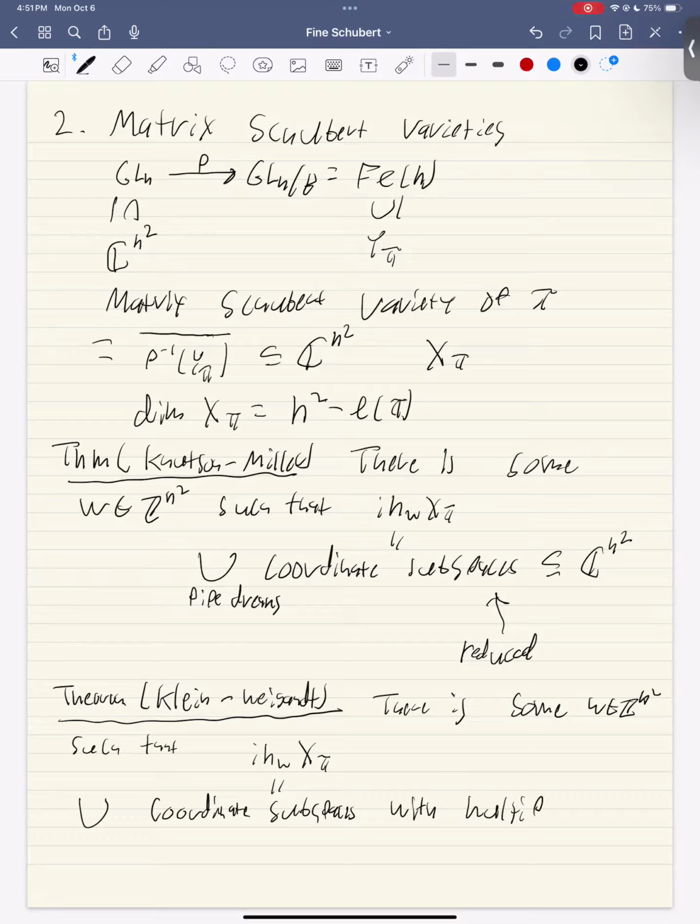So the limit is not reduced in this case, given by bumpless pipe dreams. So again, some combinatorial object, bumpless pipe dreams.